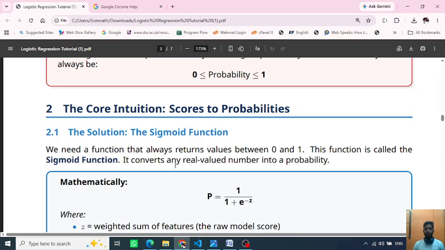So here comes a new function called the sigmoid function. What is it? We need a function that always returns a value between 0 and 1.